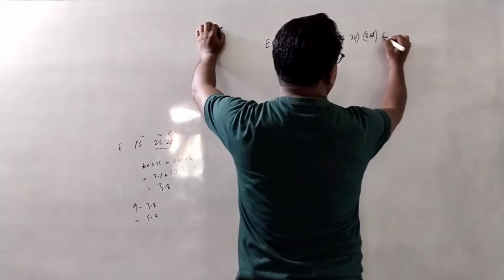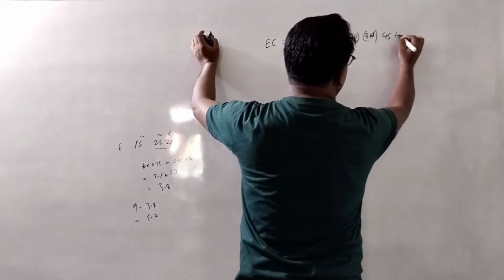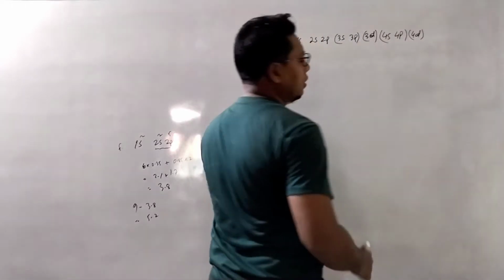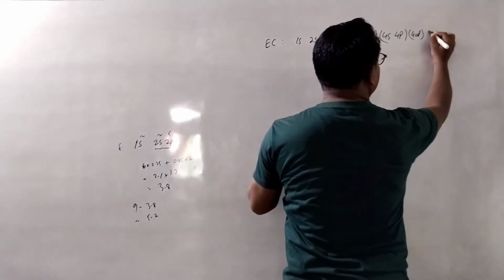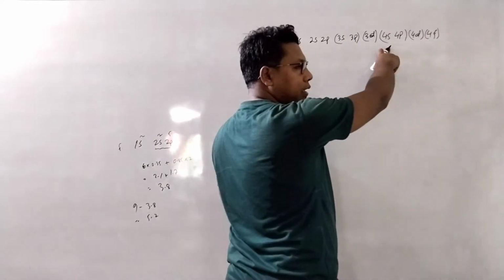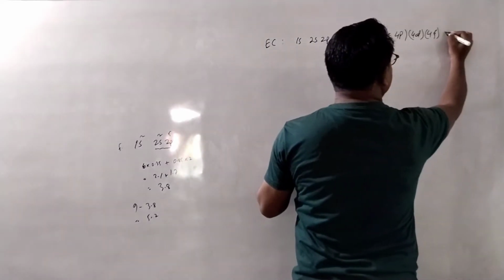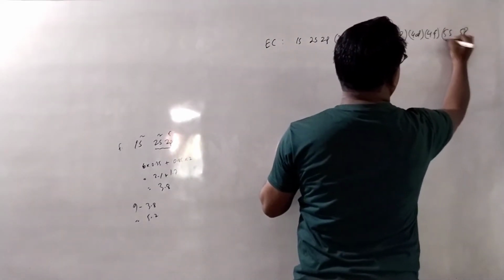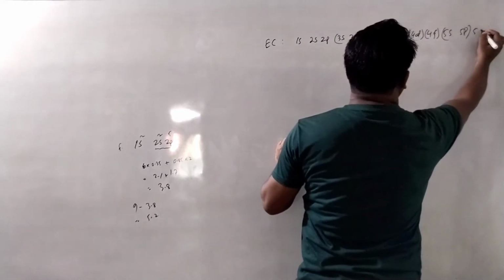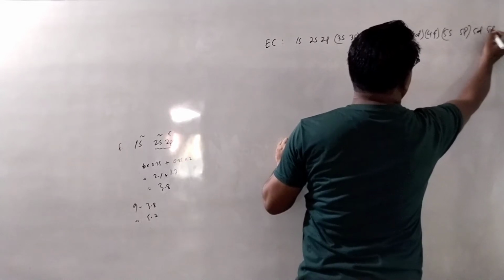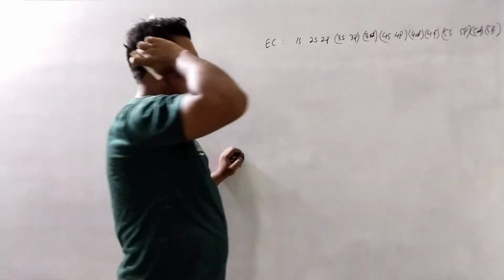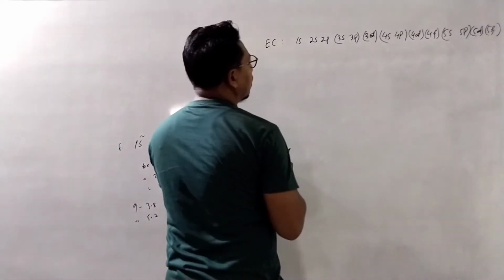After 3d, 4s, 4p, and then 4d. After 4d, 4f, and this d and f must be separated from s and p. Then 5s, 5p, then 5d, and then 5f, like this. This must be the order for the calculation of shielding constant.